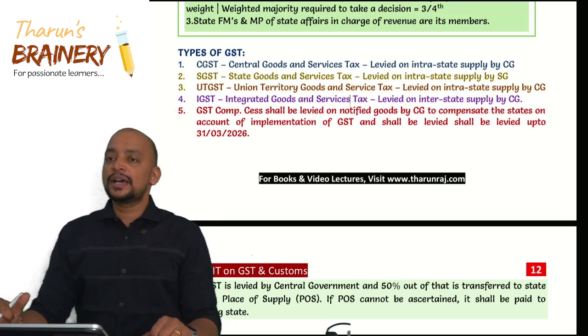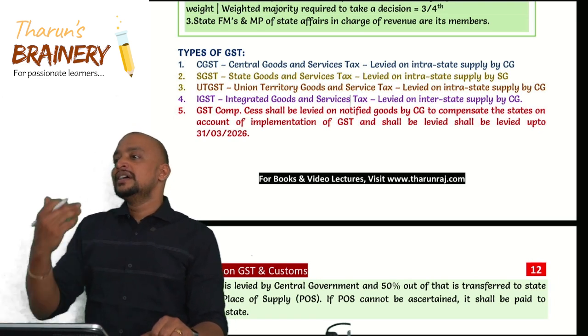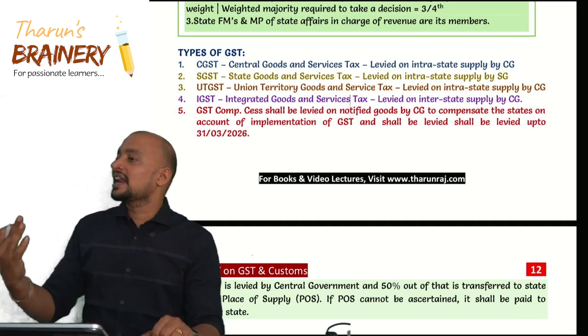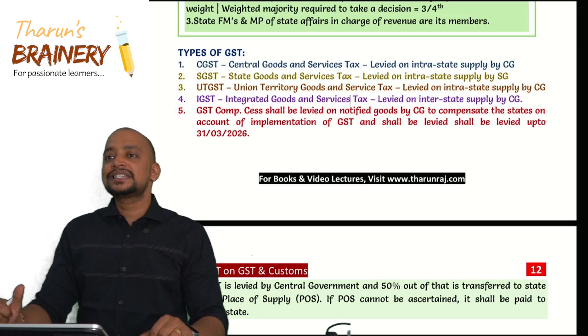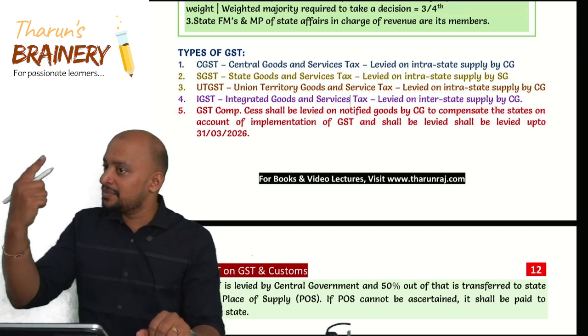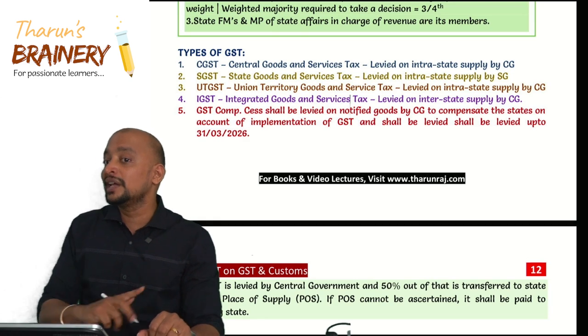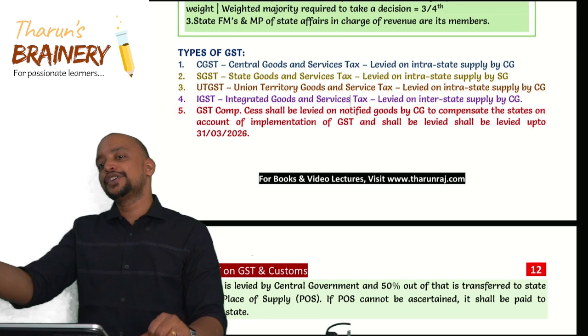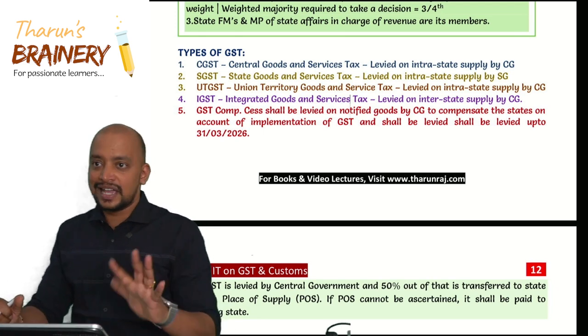Say for example, if the transaction takes place from Karnataka to Kerala, then originating state is Karnataka and Kerala is the consuming state. So IGST will be levied by central government and 50% will go to central government and remaining 50% will go to the consuming state. What is that consuming state in this example? Kerala. So therefore it will be given to Kerala. That is the example for this.